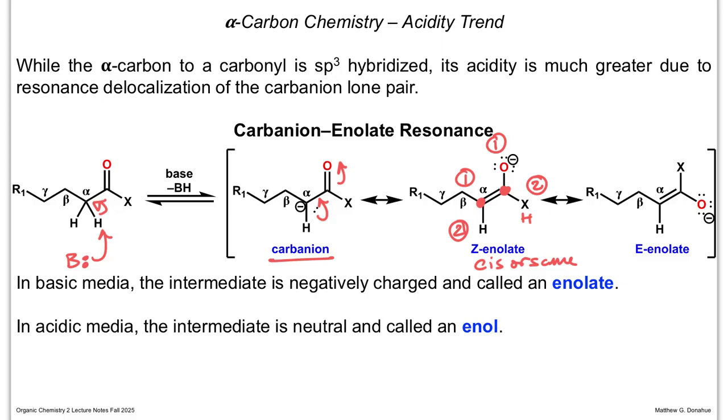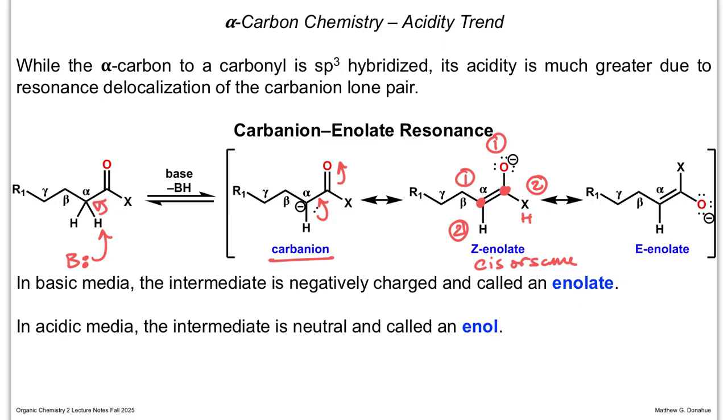And then the same logic applies for the E-enolate resonance hybrid. You'll notice the oxygen is now on the opposite side of that existing carbon chain. So enolates, because it ends in ATE, are negatively charged.